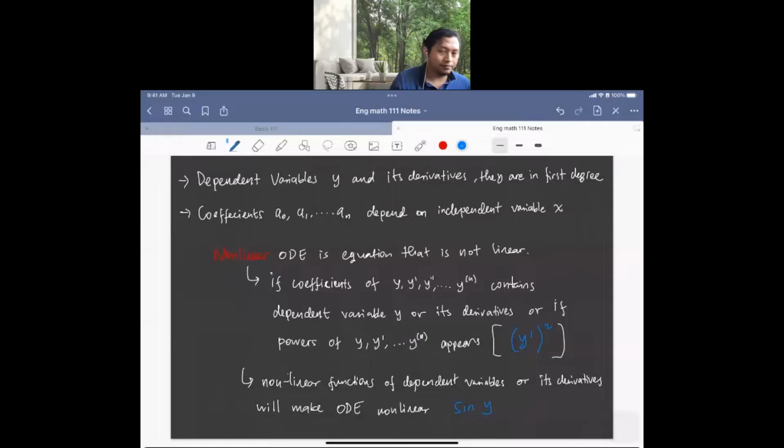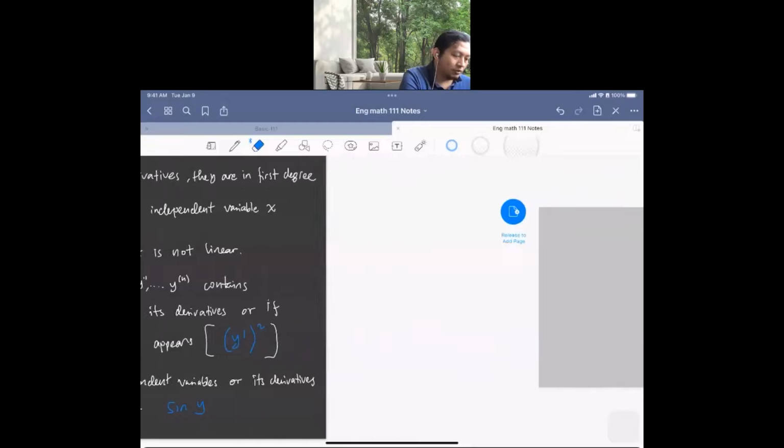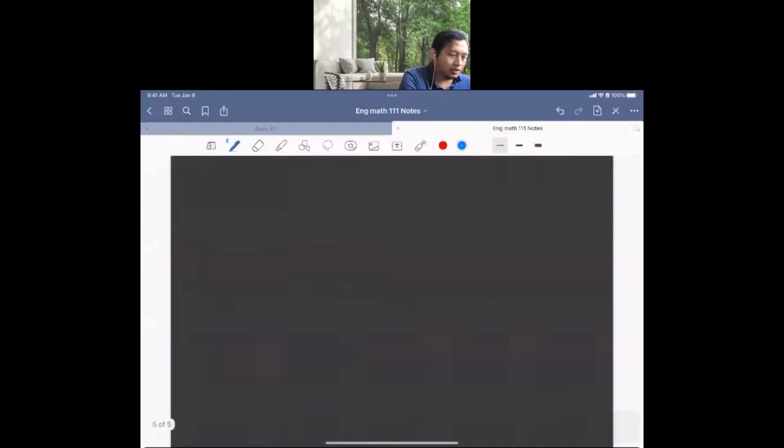But let me show you how we apply this in the equation itself. Let me write y double prime minus 2y prime plus y equals 0, and then the other part, y minus x dx plus 4x dy equals 0.